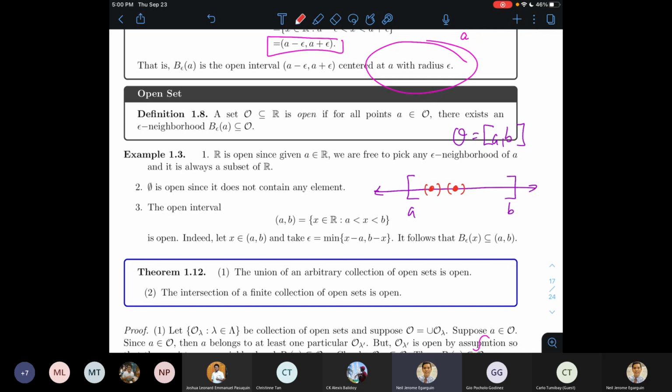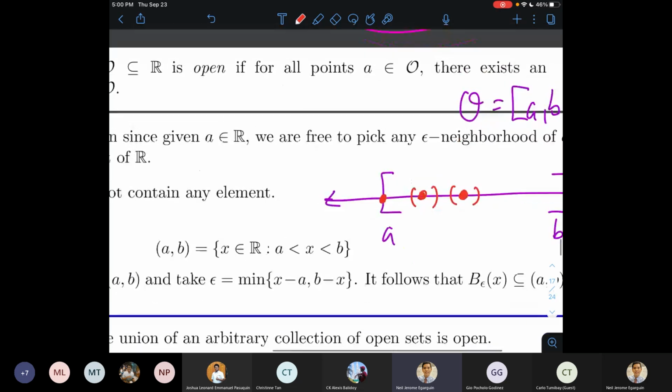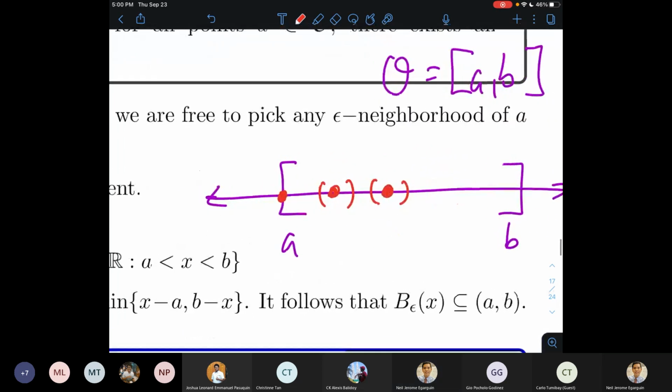Pag pumunta ako kay A, dahil member siya ni O, kailangan ko siyang hanapan ng epsilon neighborhood. But if you look at this, no matter how small I choose epsilon to be, kahit gaano pa kaliit yung epsilon, lagi siyang merong element na nasa labas ng set O. Alright?